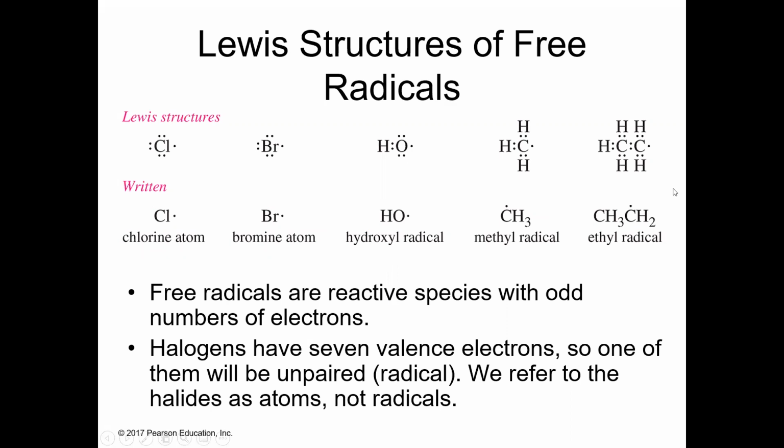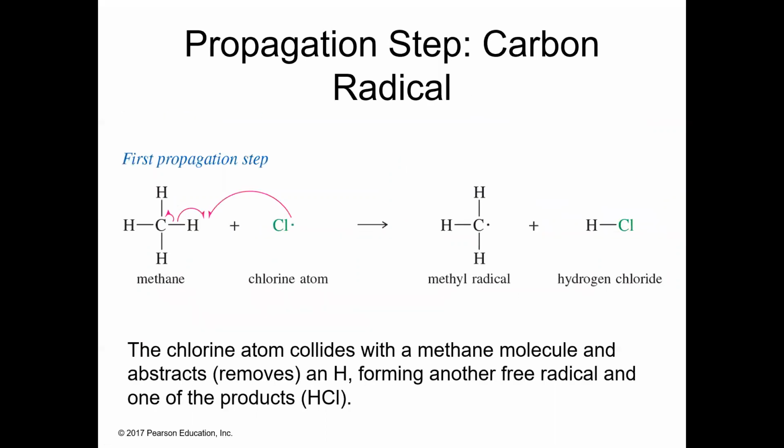This is a methyl radical. Here's an ethyl radical. So free radicals are reactive species with odd numbers of electrons. The halogens have 7 valence electrons, so one of them will be unpaired. Oftentimes you refer to the halogen atoms as atoms rather than radicals, but they are radicals. So that's the initiation, where we split a molecule into 2 atoms.